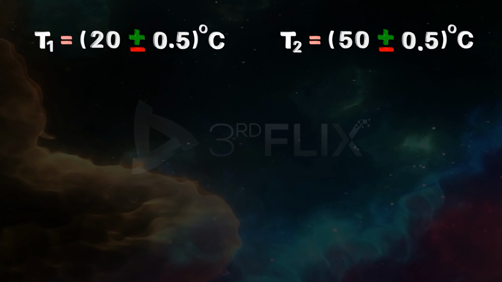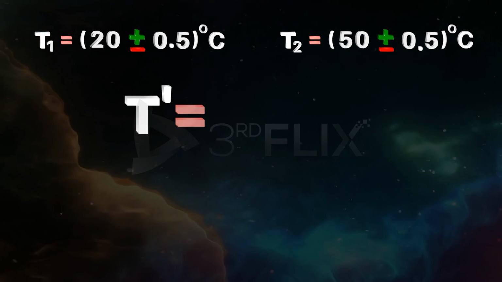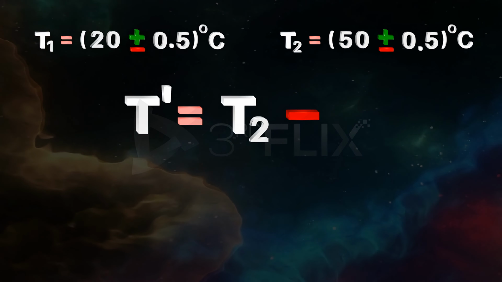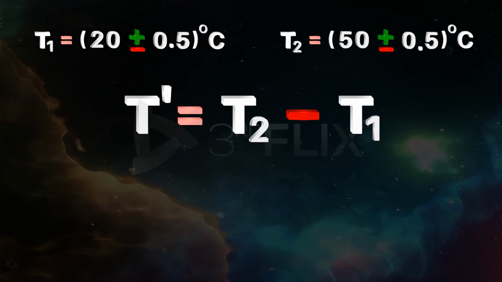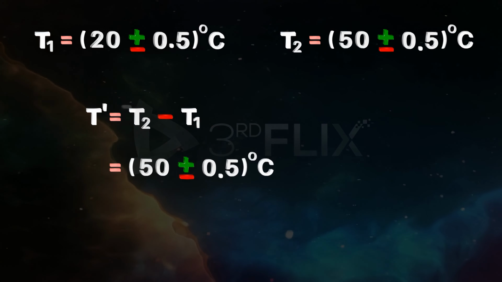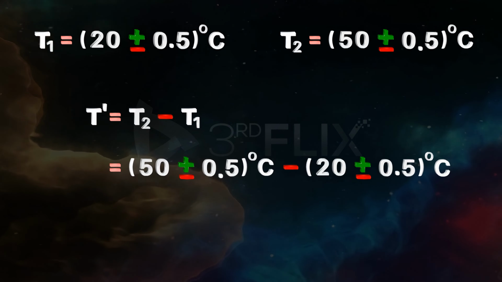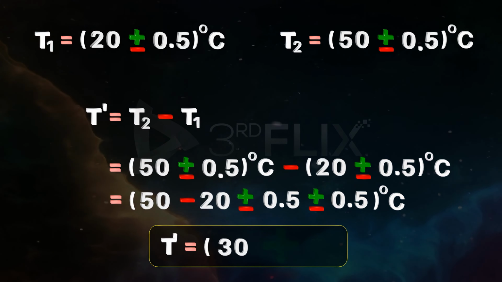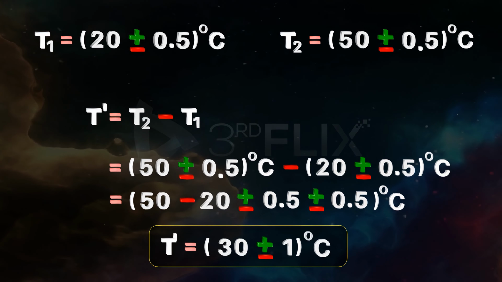Temperature difference and the error therein is T dash equals T2 minus T1, that is, T dash is equal to 30 plus or minus 1 degree centigrade.